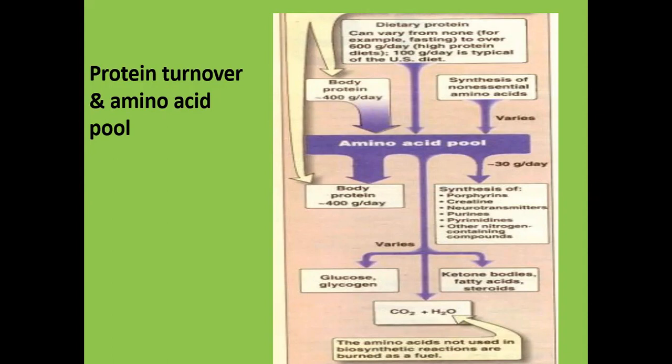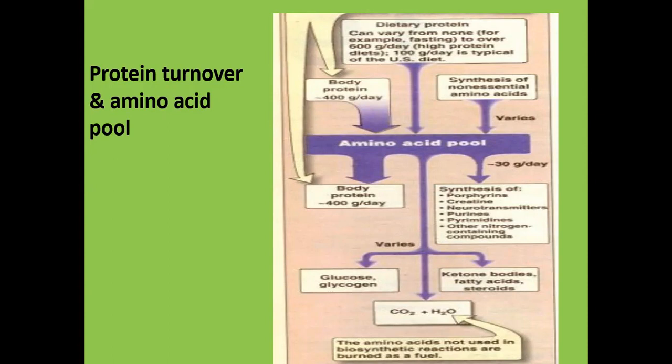High rate of protein degradation occurs in those tissues. Now we told you intracellular proteins have a high rate of degradation. Then we say a high rate of protein degradation occurs in those tissues which undergo structural rearrangements.